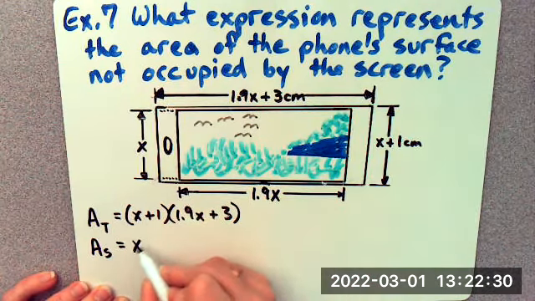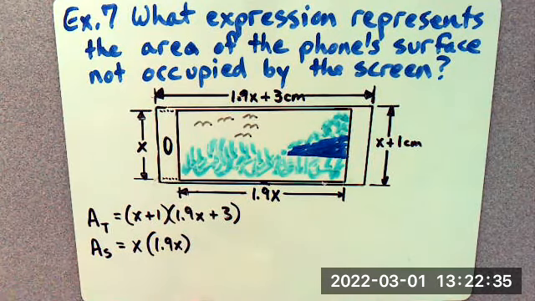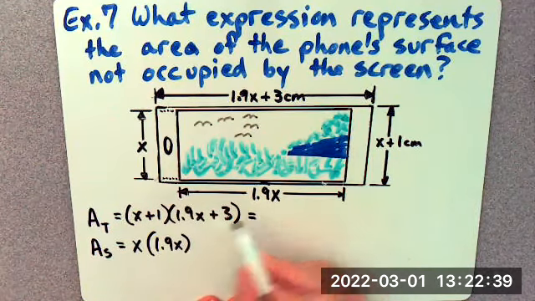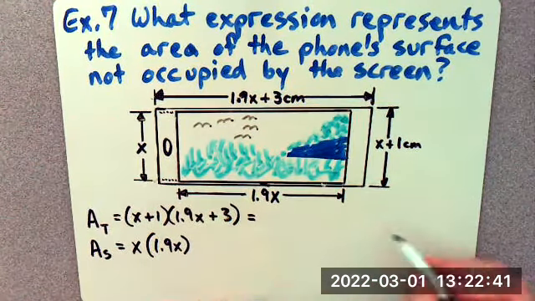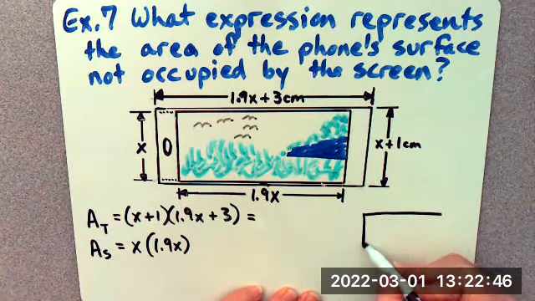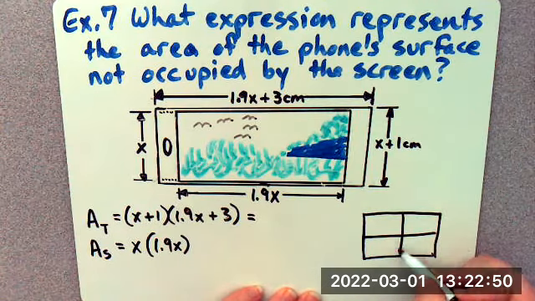So x times 1.9x. Okay, so let's figure out what we have. Let's do a quick box here to organize things, or you can do FOIL. It's up to you which one you like best.